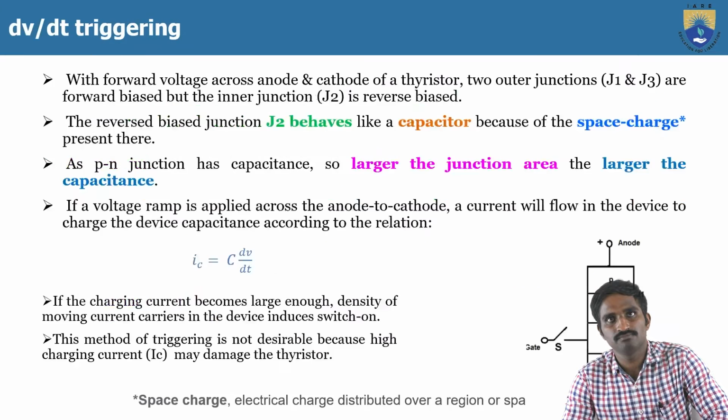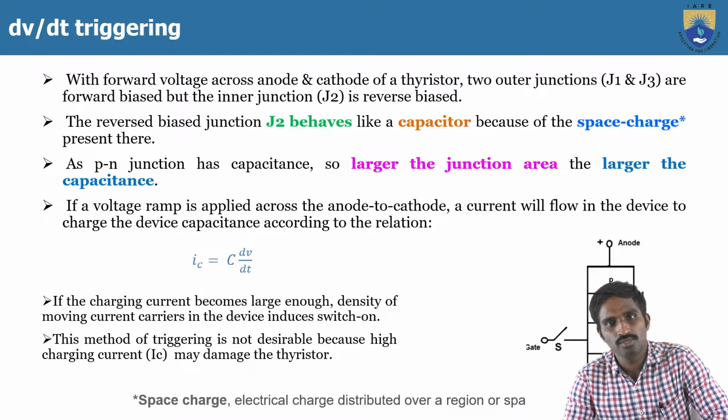So, when coming to the dV by dt triggering, how are we going to turn on the thyristor by using dV by dt triggering? As we know, in all the triggering methods, the common point is that we apply a forward biased voltage across the anode to cathode, which means the anode is positive with respect to the cathode, so that the junctions J1 and J3 are forward biased and the junction J2 is reverse biased.